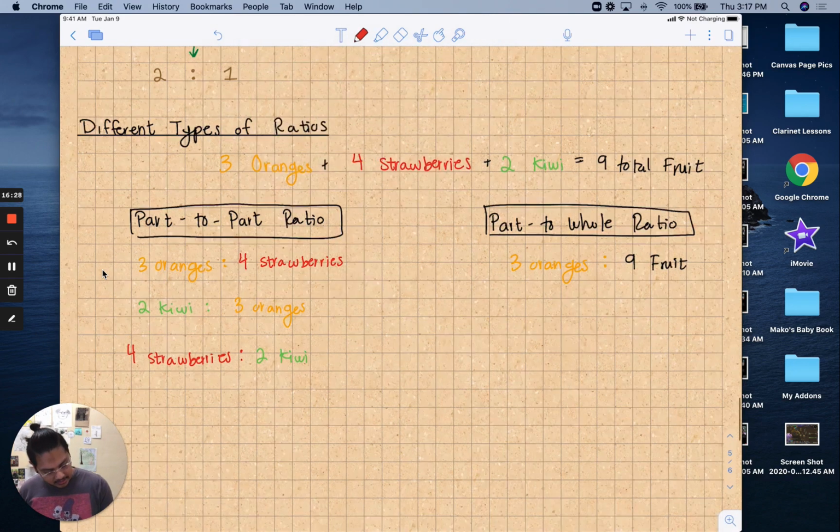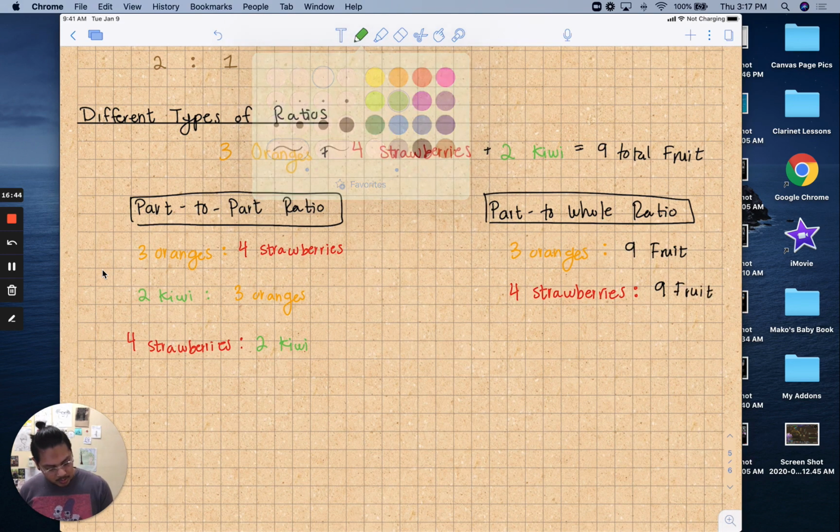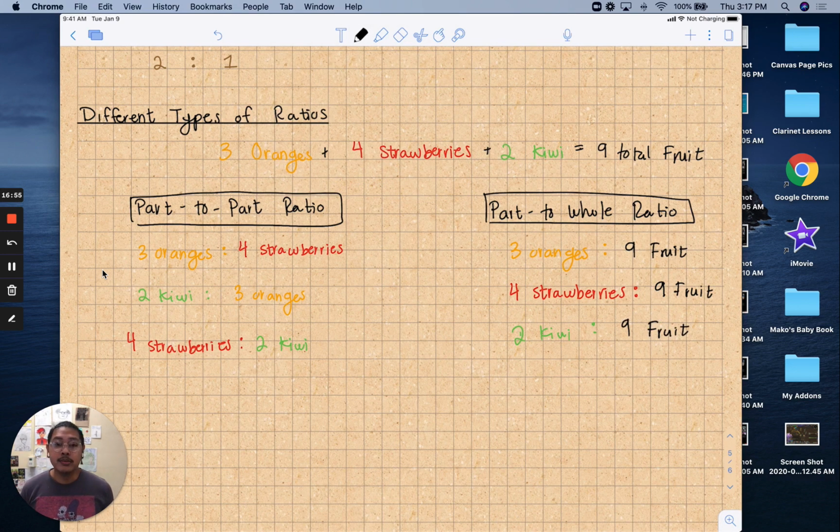I could write 4 strawberries to 9 fruit. And let's write one more. I can write 2 kiwi to 9 fruit. What do you notice?